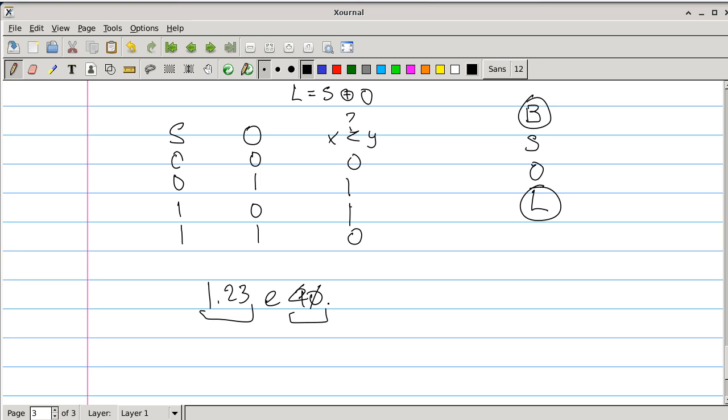This is actually a legitimate way to enter 1.23 times 10 to the power of 40 in C or C++, okay? That's how it is done using the scientific notation. But in binary, this can only have zeros and ones, okay? And then this one is no longer a power of 10, it is now a power of 2. But otherwise, it's the same concept.